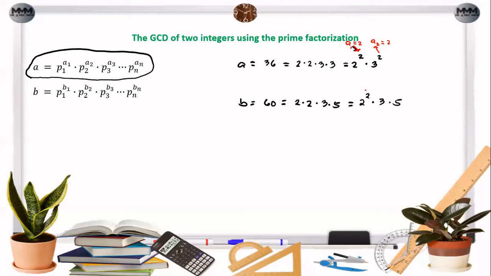Now for b, we have the exponents b1, b2, b3, and up to bn. So this is our b1, equal to 2, the exponent of 2. Then for the exponent of 3, we label it as b sub 2, which is of course equal to 1. Note here the exponent is 1. Then here we have b3, which is equal to 1.